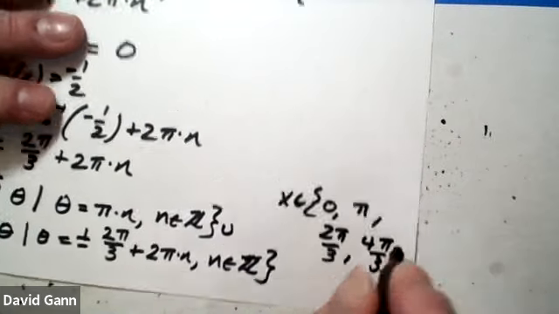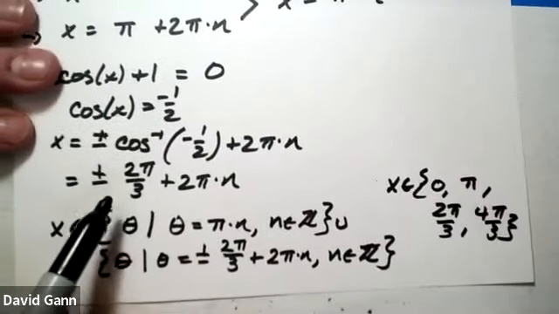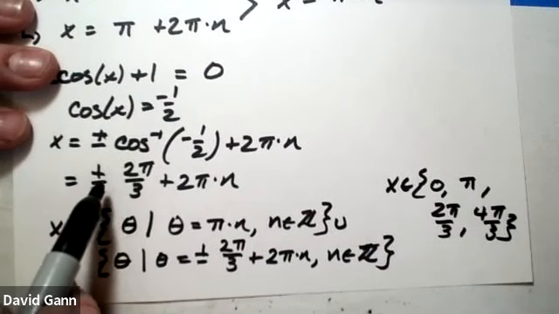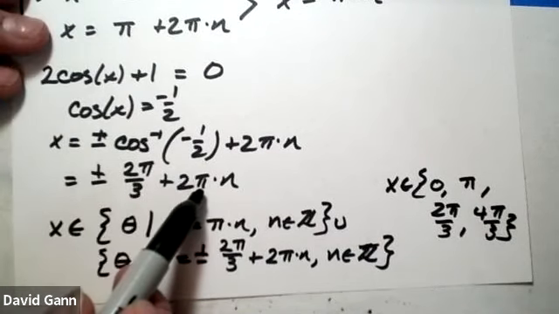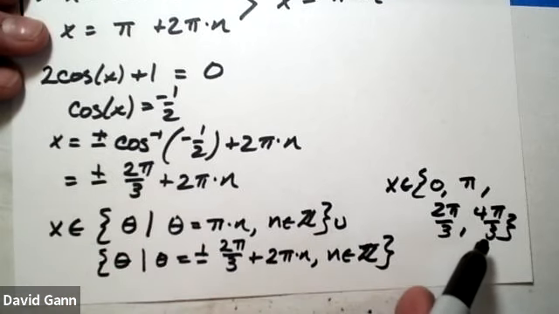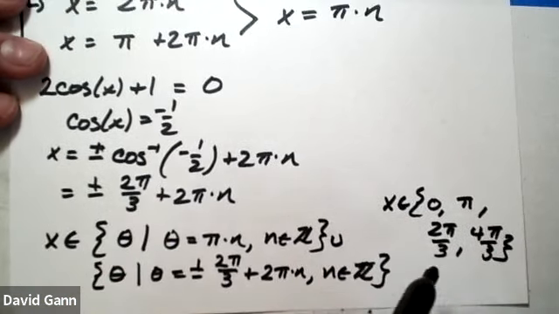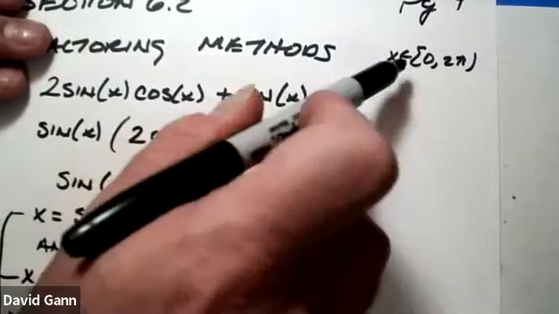And that 4 pi over 3 might be a little confusing because that comes from here, where you take negative 2 pi over 3, which is outside of the interval, and you add 2 pi to it, you get 4 pi over 3. So here's all of the solutions to this equation in the stated range, 0 to 2 pi.